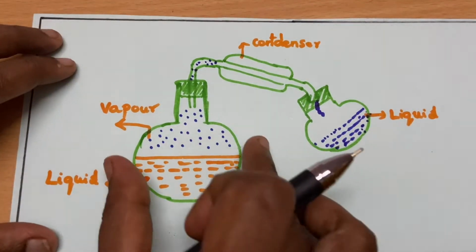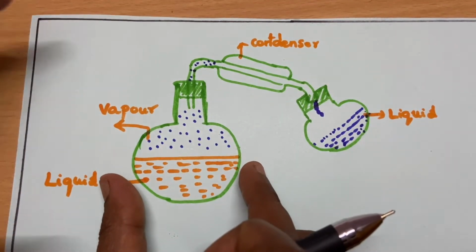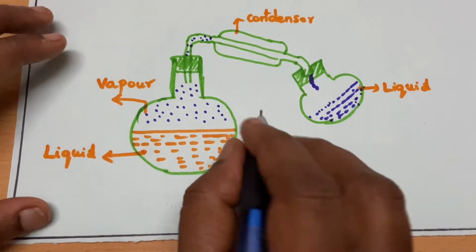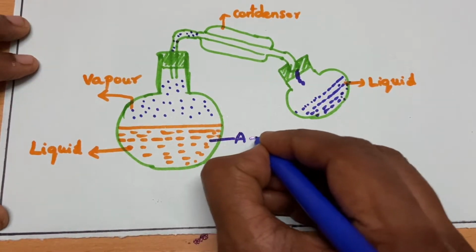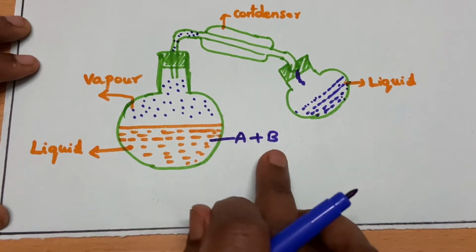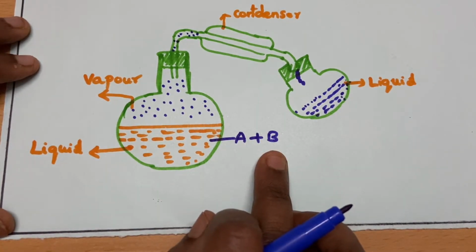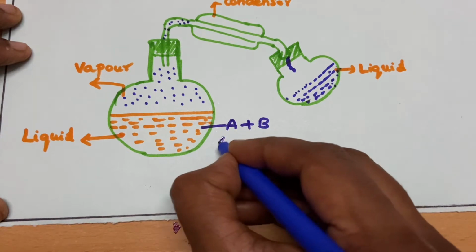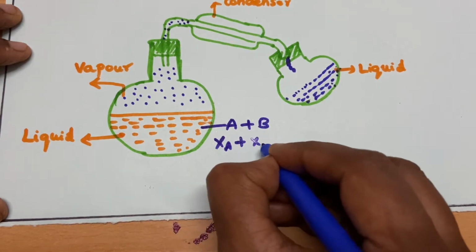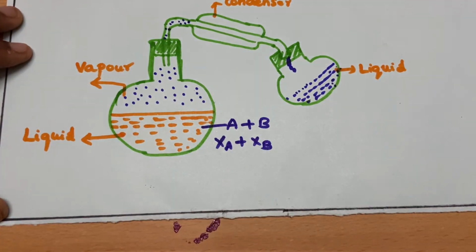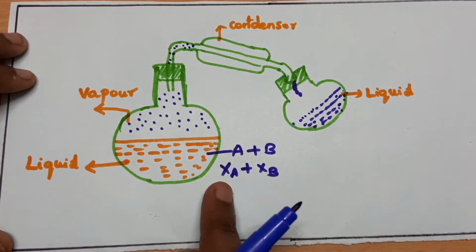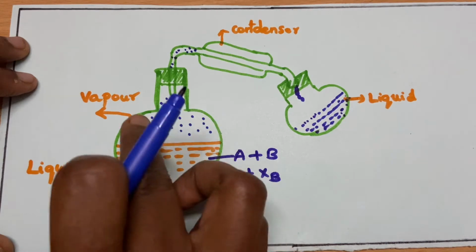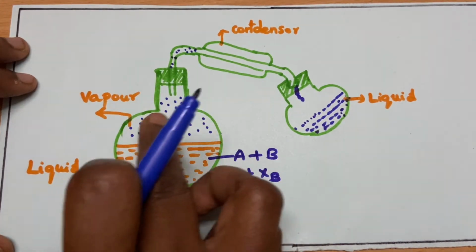See, this is a vessel we have taken, with liquid. In this liquid we have mixed liquids A and B. Let's say their mole fractions are XA and XB. Since it's a volatile liquid, most of the molecules will be in vapor form.